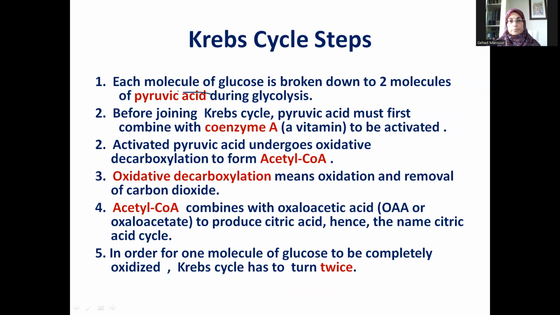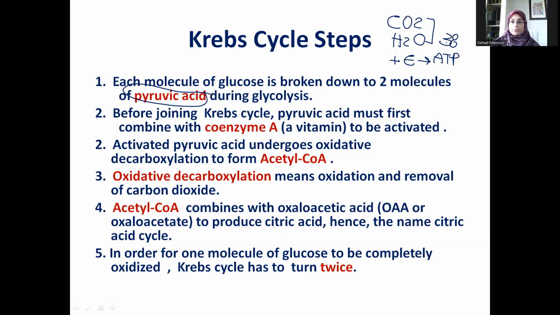And then pyruvic acid has to enter the mitochondrion in order to complete oxidation of the glucose skeleton into carbon dioxide and water. Carbon dioxide and water are formed, plus an amount of energy that is necessary to form 38 ATP.